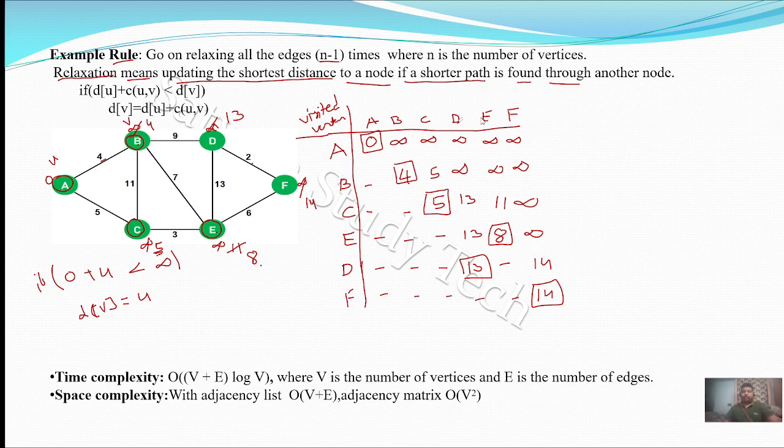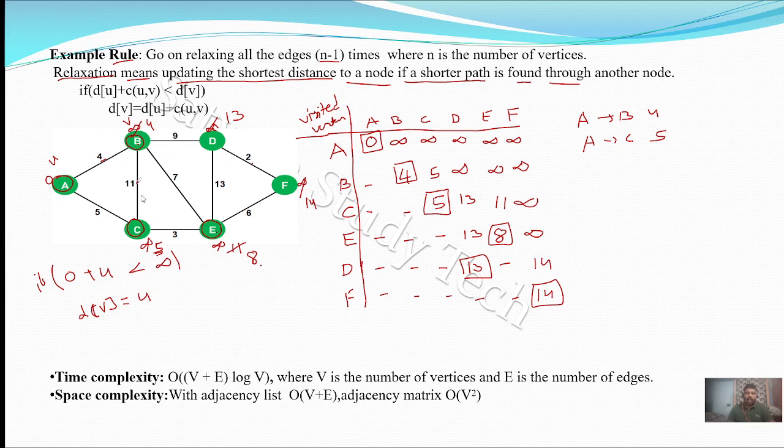What is the distance from A? A to A is 0 and A to B is 4, and A to C is 5.